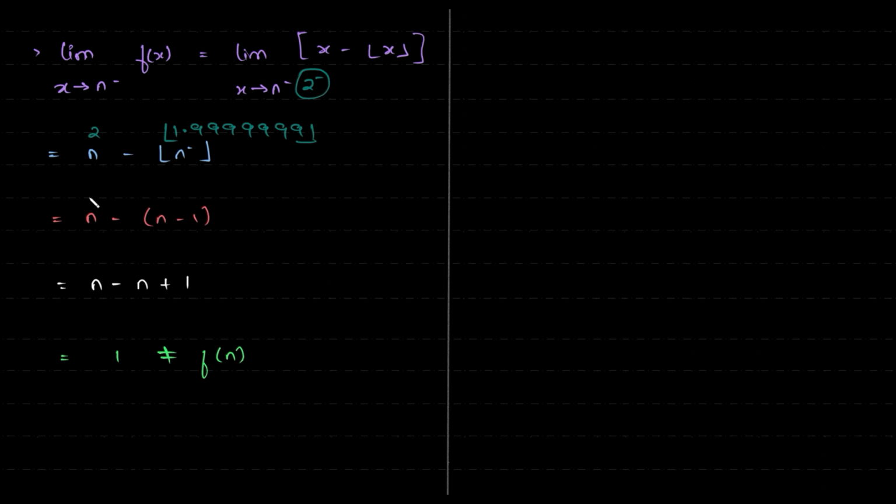So this is 2 minus 1, because the floor of this will be equal to 1, and the overall result is 1. Please understand this. If I give the floor function an input of 1.999, it will result in 1 itself.